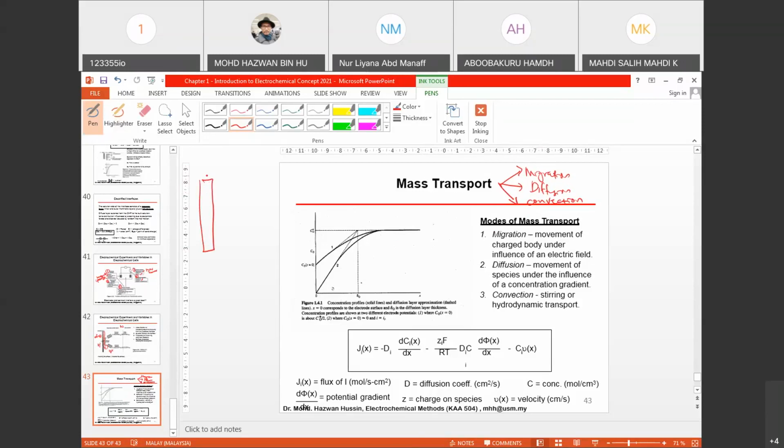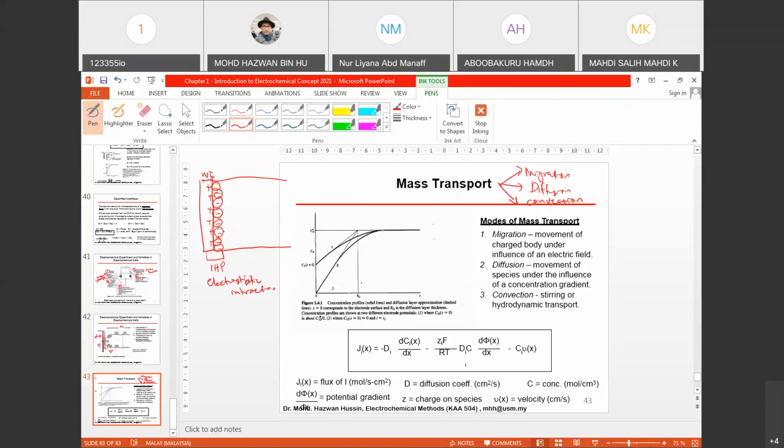Migration is something like this. You have working electrodes or metals dipped in your electrolyte. When it oxidizes, as I said, it will form positively charged ions. Then this will attract negatively charged ions onto the surface. This is the IHP, the inner Helmholtz plane, and the process is known as electrostatic interaction.